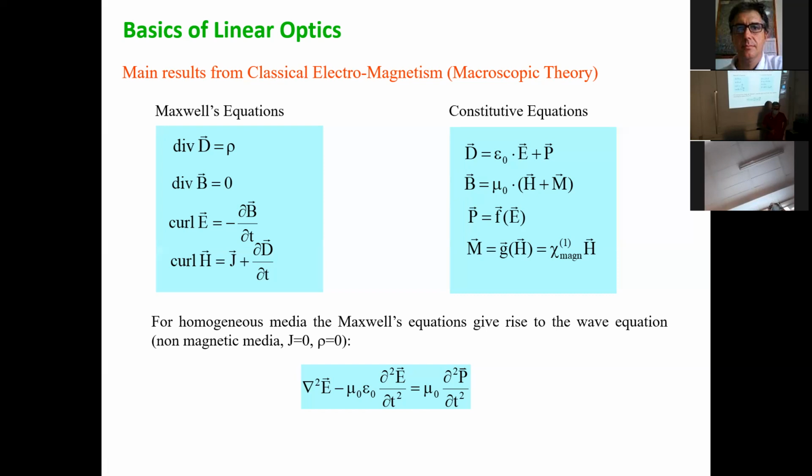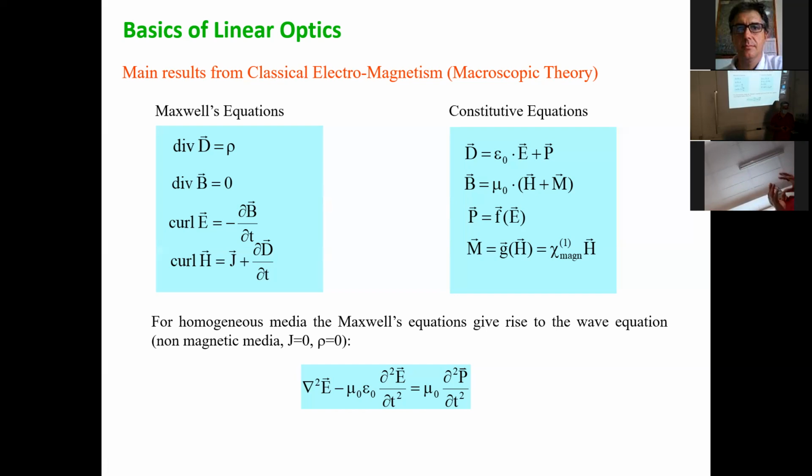Now, generally, when you have an electromagnetic field propagating in the medium, the polarization that you induce in the medium is a function of the electric field. And this function is a vectorial function and can be very difficult to describe physically.